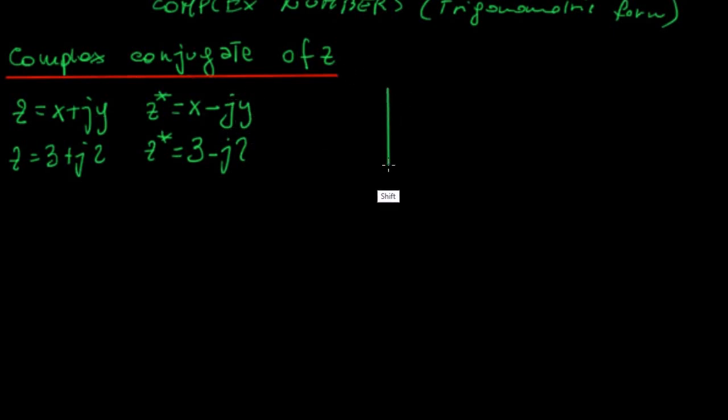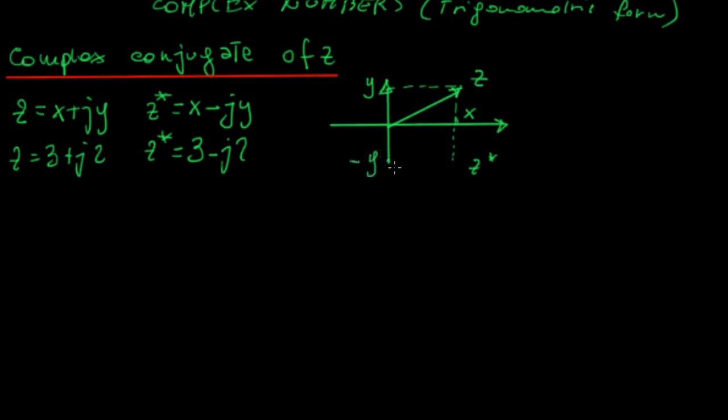And it is straightforward also to see their representation on a complex plane, because if this is z, this is the real part of z, while this is the imaginary part of z. Well, z star, the conjugate, has the same real part but an imaginary part that is the opposite of this.